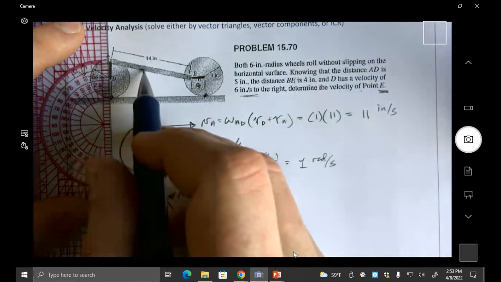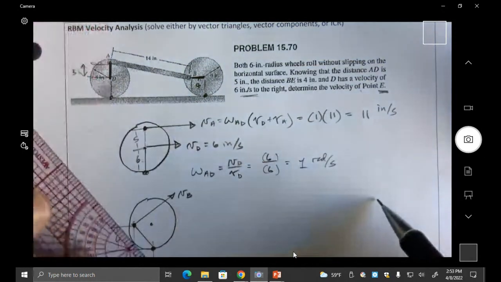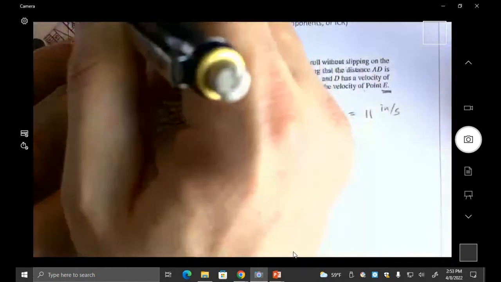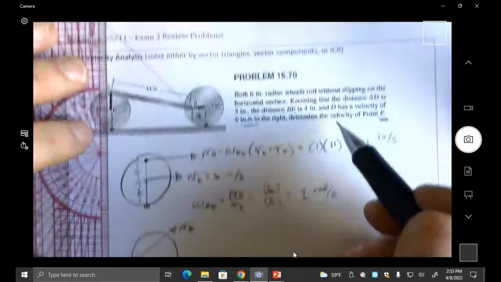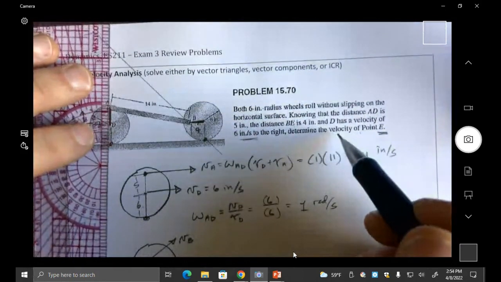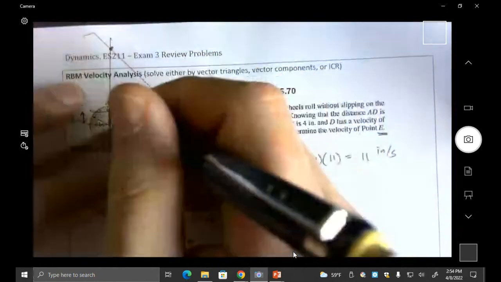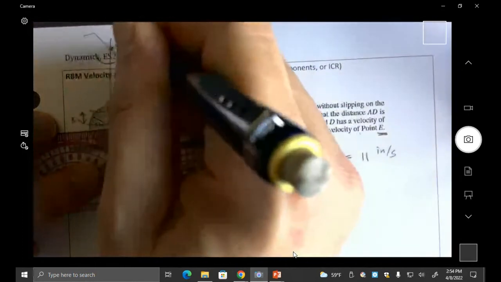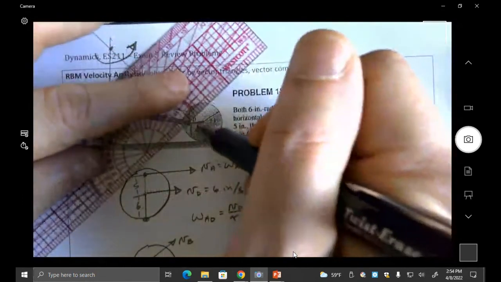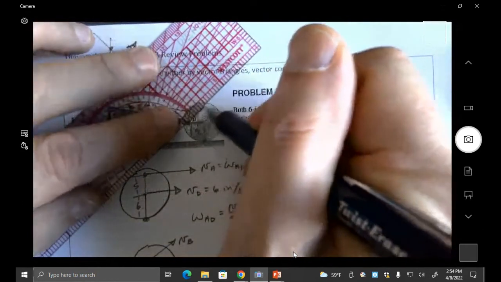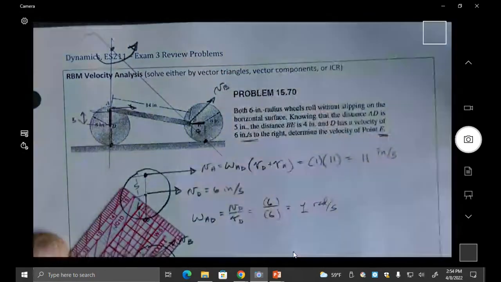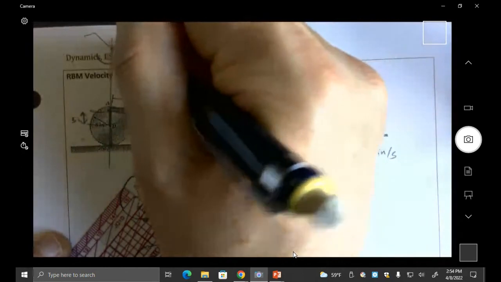Of course, this is going to be a really big triangle, but it's going to go through this right here and straight up. Because this velocity we've established is in that direction, yes, okay. So we confirmed by going ICR that yes, that is the direction of VB.